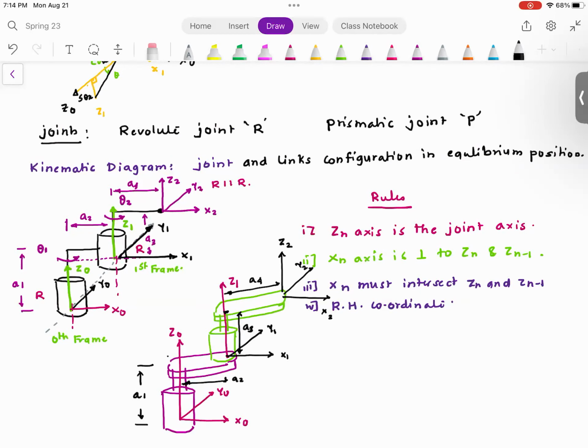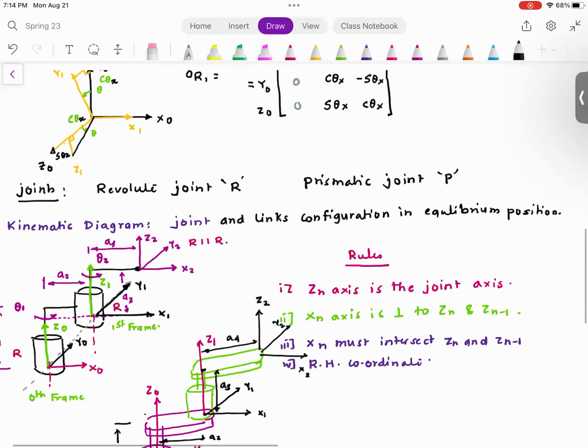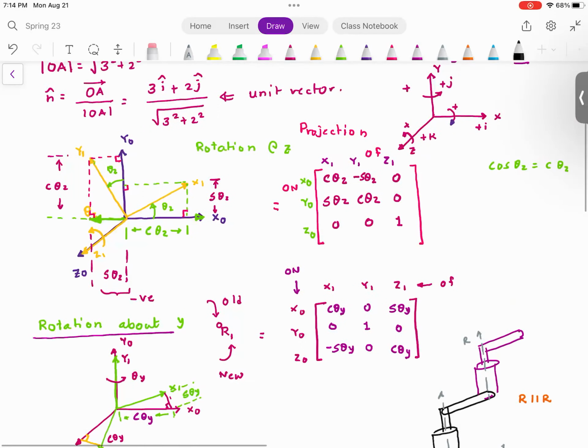Can you see the rotation is about the z axis? The only rotation matrix that is going to populate this would be the rotation about z. That is the only rotation matrix that you should remember.